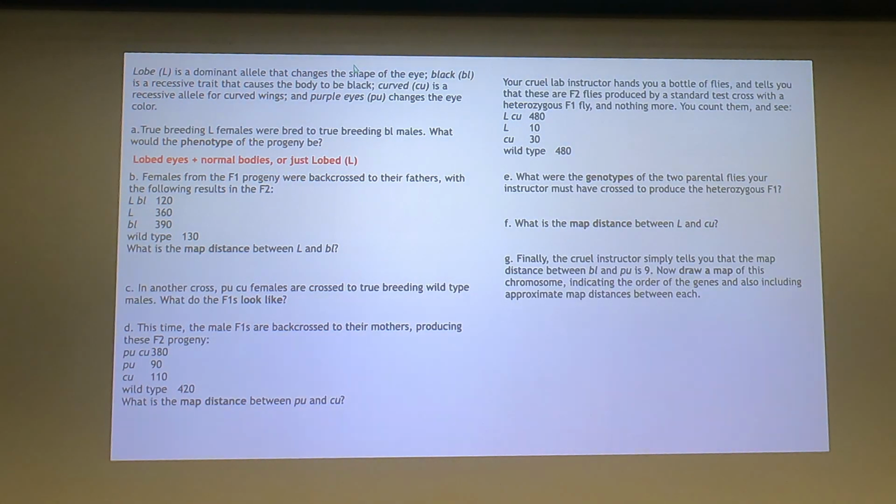Hey, this is a test cross, right? You just have to see that and then it becomes easy. So we're just doing a test cross with a heterozygous F1, and we get these results. So what's the map distance between lobed and black?